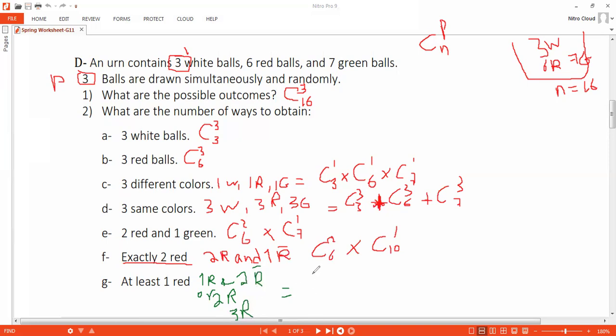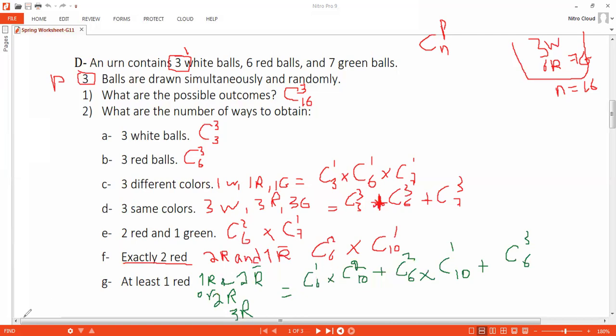So between them plus: C 1 6 times C 2 10, the other two are other than red, or C 2 6 times C 1 10, plus C 3 6, 3 red. So that's our possibility. So pay attention whenever we have exactly and when we have at least 1 red.